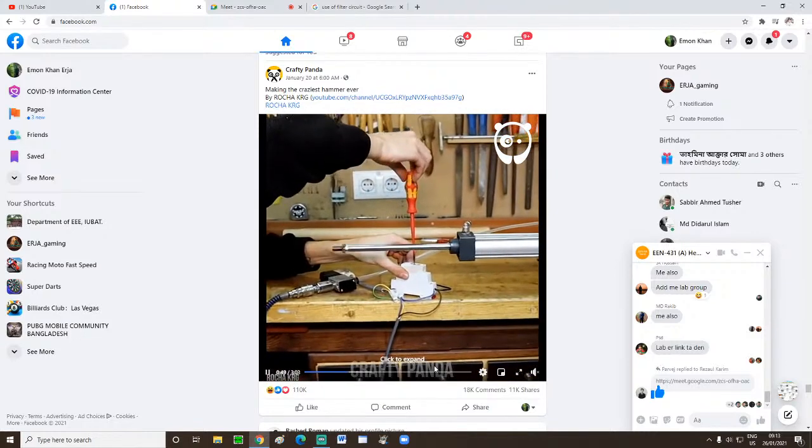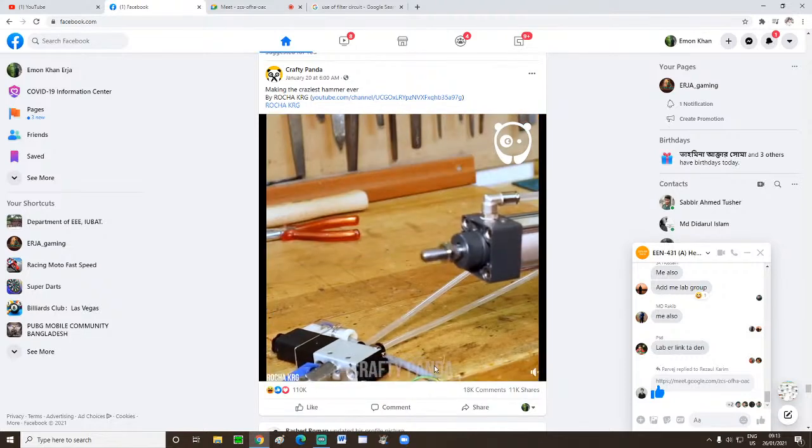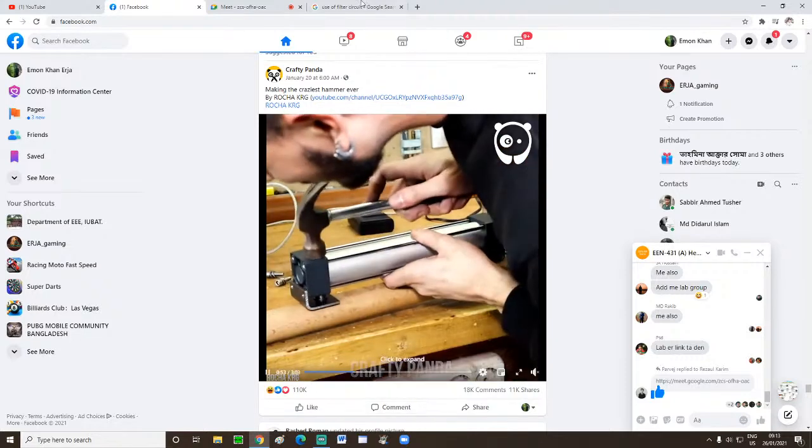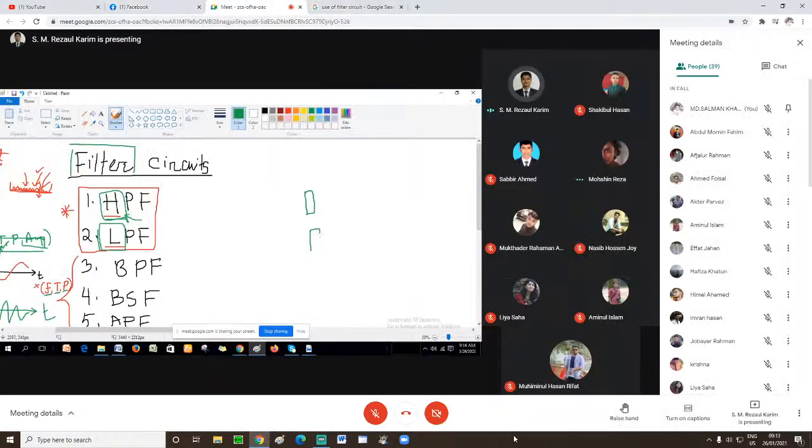Suppose this is a high pass filter and this one is the low pass filter. I am giving a signal here, and another signal here. This high pass filter allows high frequency signals to pass through it.